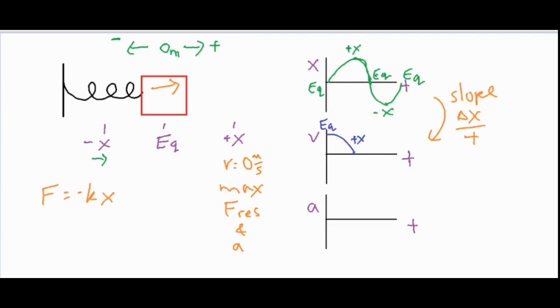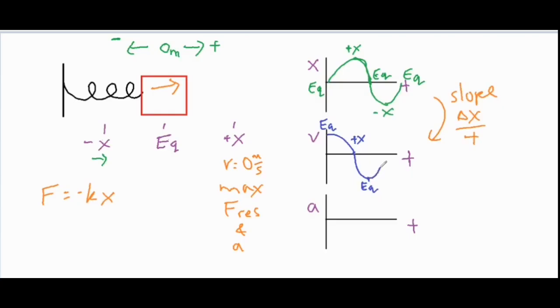Here's where it's at its maximum stretch. And then from here to here, now it's dropping down in the negative direction, and it is becoming greater and greater in the negative direction until it reaches its maximum negative velocity at the equilibrium position right over here.